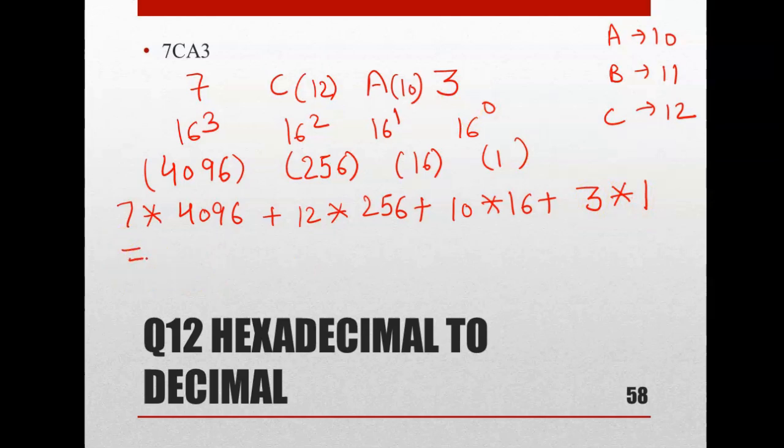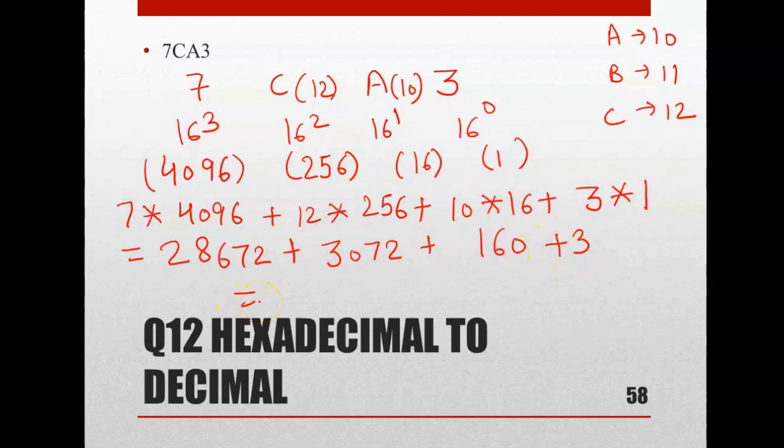Now go for this. 4096 multiplied by 7 gives 28672. Then 256 multiplied by 12 gives 3072, plus 10 into 16 is 160, plus 3.